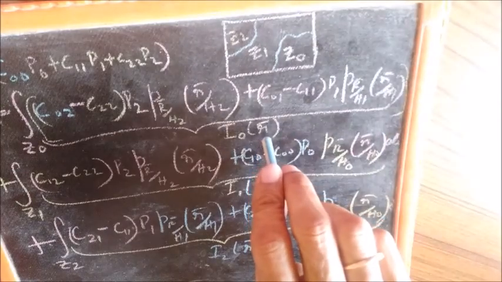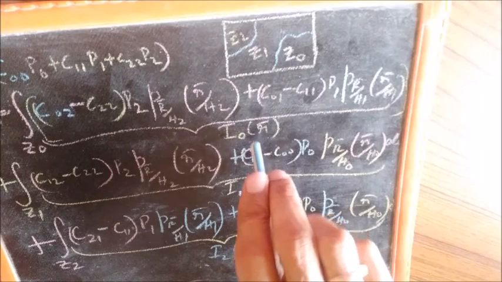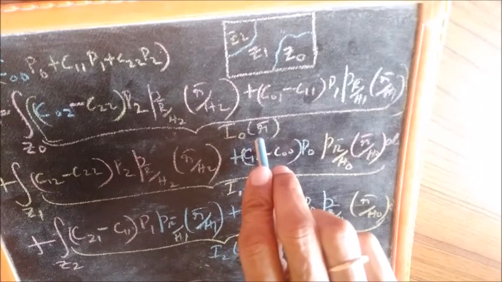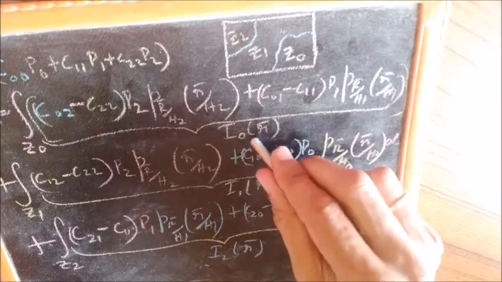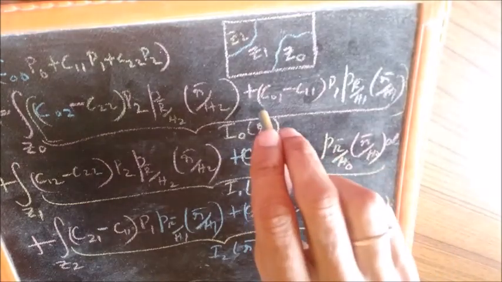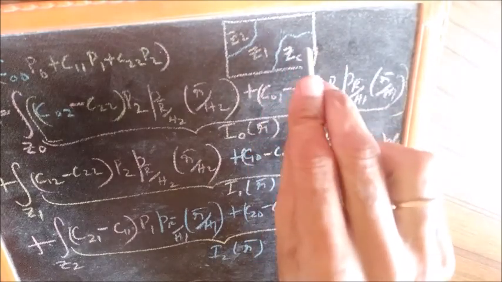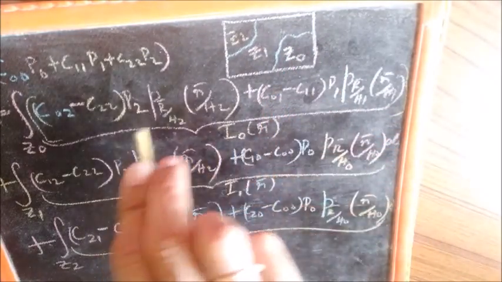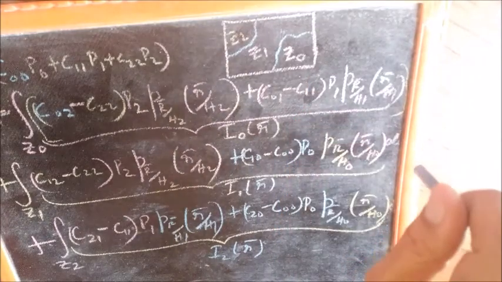Because having received R and having computed I0 R, if I0 R happens to be the smallest of the three, it means that you are in the region Z0, because region Z0 is chosen in such a way that I0 R is the smallest and region Z0 is reserved for hypothesis H0.